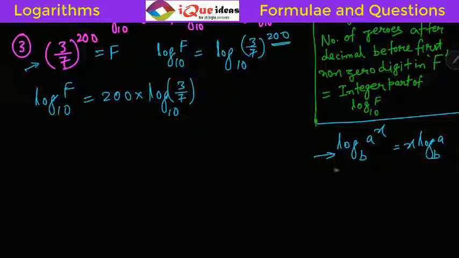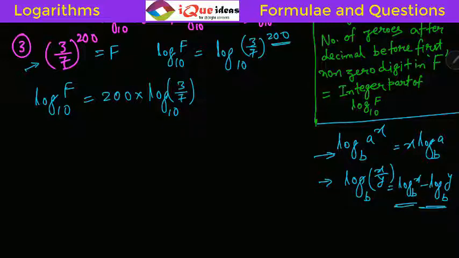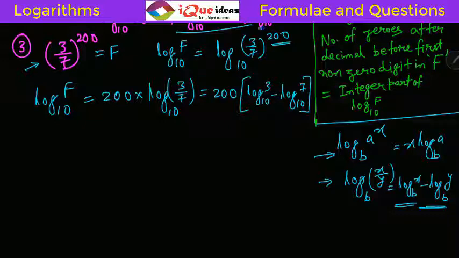Now here we also have the other rule: log x/y to the base b is equal to log x to the base b minus log y to the base b. Using that, this is equal to 200 into log 3 to the base 10 minus log 7 to the base 10. We already have the values of log 3 as 0.477 and log 7 as 0.845.